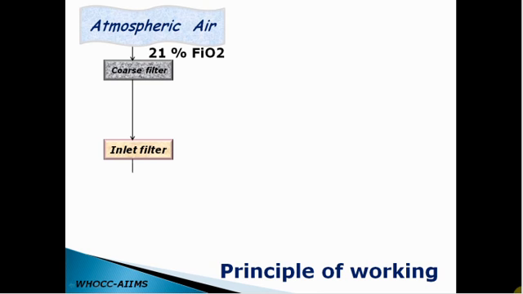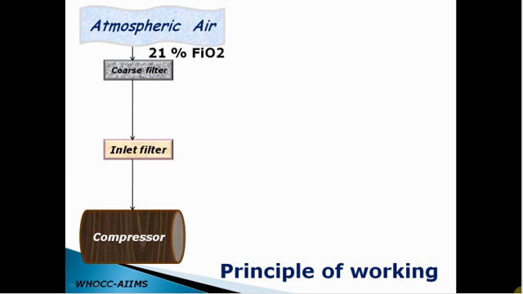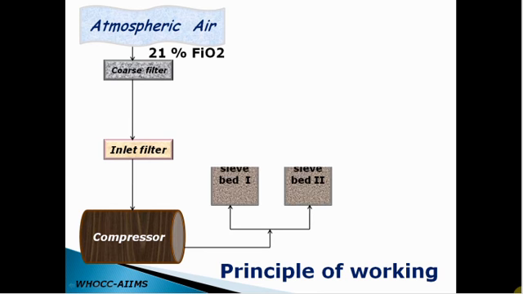The dust-free air then moves into the compressor, which forces the air into canisters. These canisters are filled with zeolite, which is aluminium silicate. This compound has a special affinity to bind nitrogen and separate oxygen. The nitrogen is liberated back to the atmosphere.